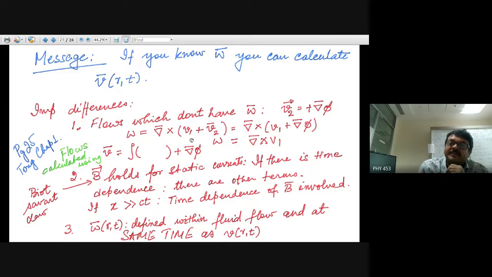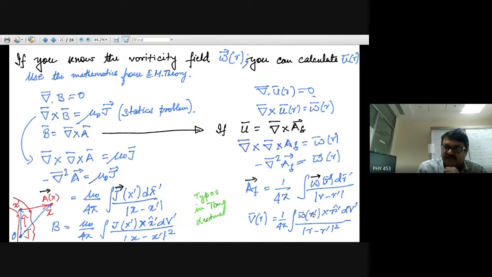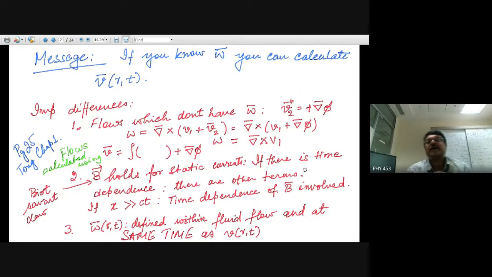If you are calculating your velocity field using this expression from the curl, you could, in addition, due to presence of boundary conditions or whatever, have some component of the velocity field which is coming from a minus grad of phi, and if you took the curl, it would contribute 0.